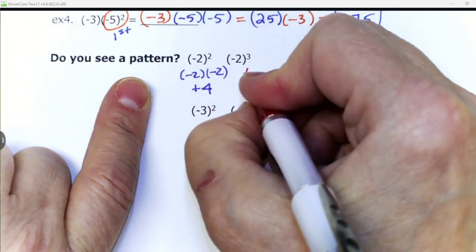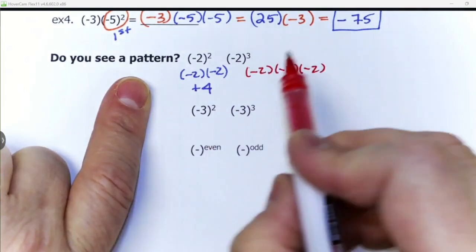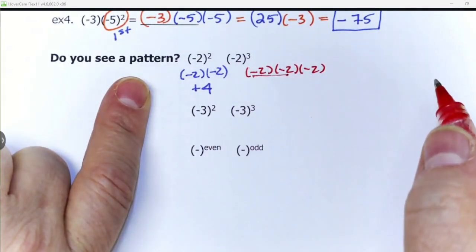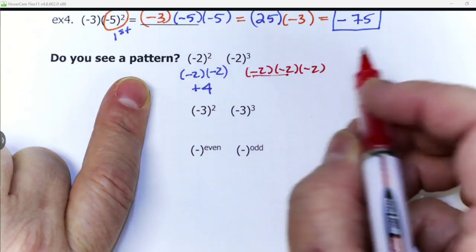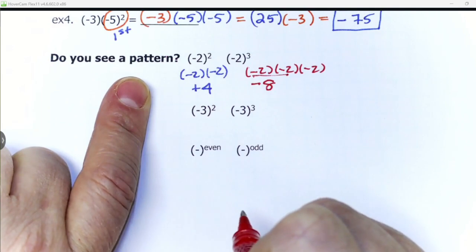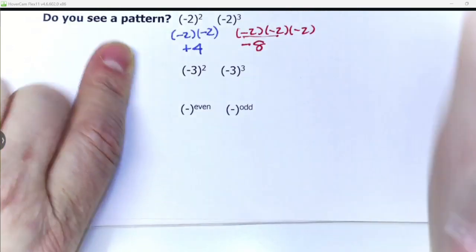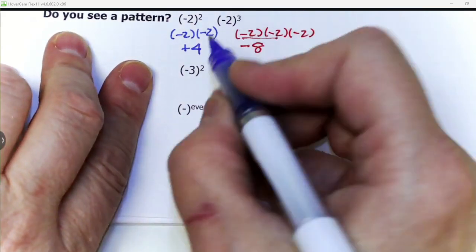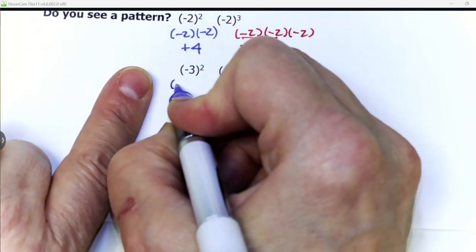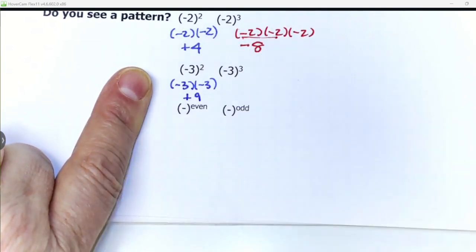If I cube it, negative 2, negative 2, negative 2, what happens is the first two become positive, but then when you multiply it by the third one, it becomes a negative 8. Let's do another one, and then I'll see if you can spot the pattern. Negative 3 squared is negative 3 times negative 3, which is positive 9.